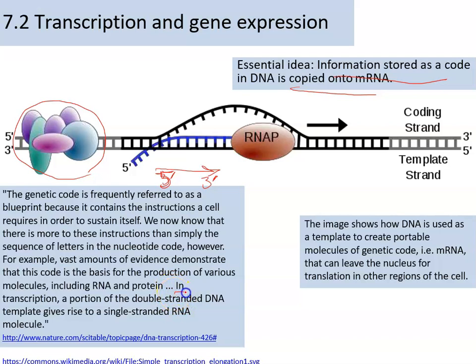So you can see over here that in transcription, a portion of the double strand DNA template gives rise to a single-stranded RNA molecules, and these parts are having genetic code, and the mRNA transfers these genetic codes and goes to the translation machine in order to make a protein or enzyme depending on what the cell needs.